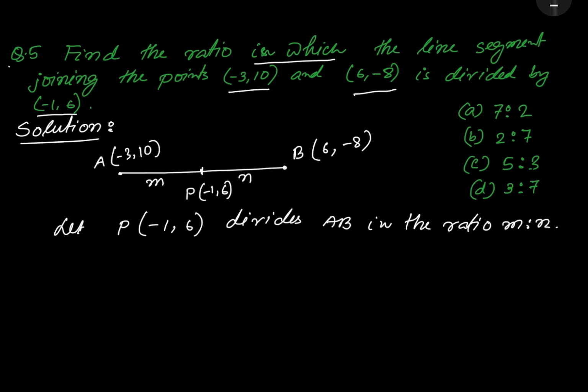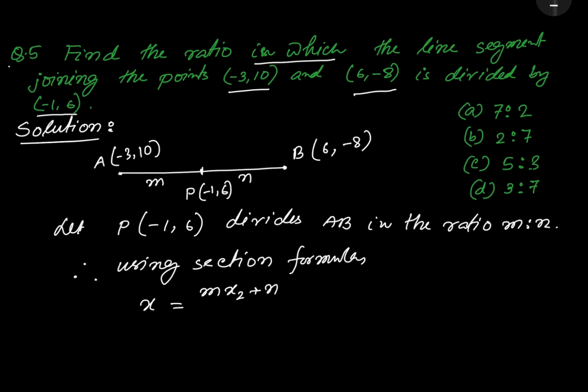Therefore, using the section formula, x = (m x2 + n x1)/(m + n), and the y coordinate is y = (m y2 + n y1)/(m + n).